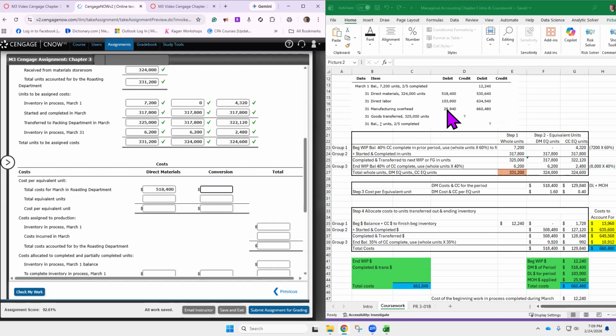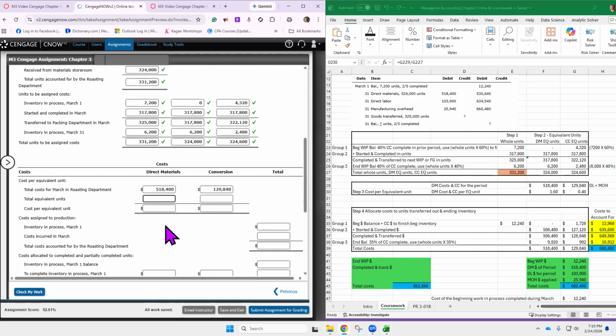That's these two added together, which is what I have right here. So when I look at this, I have both of those numbers added up. Added up, it's 129,840.